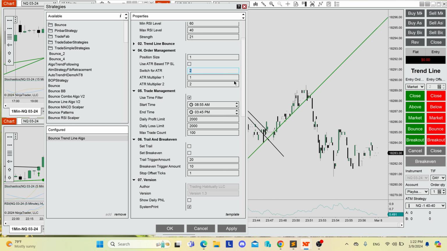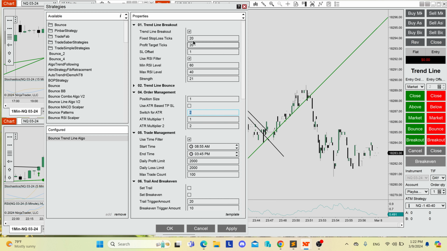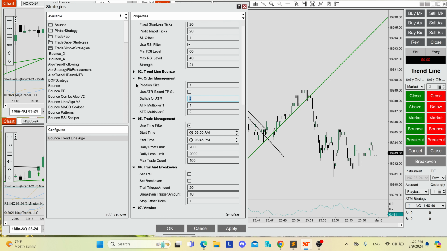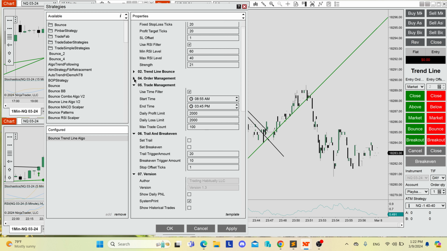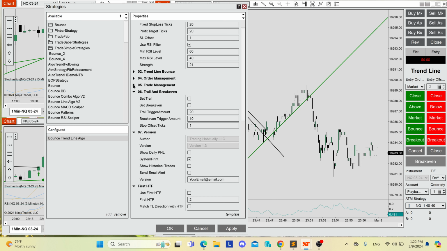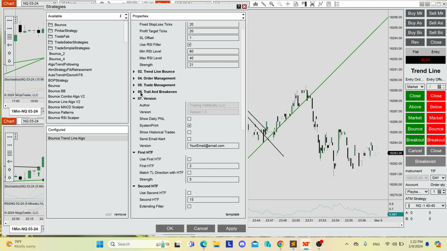So if it's 2, it'll become 40. That's the idea, but at this point, like I said, it's still in experimental mode. So that's that. Trade management is self-explanatory. Trail and break even are not supported in this version yet.